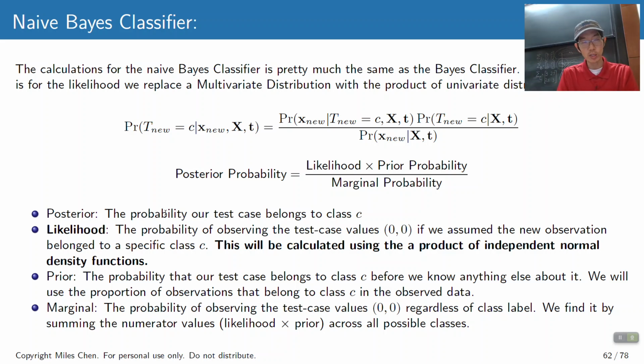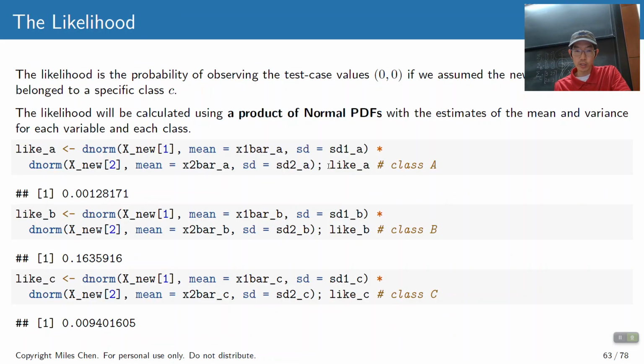We calculate the likelihood of getting this data if it came from a given class, multiplied by the prior probability divided by the marginal. The key difference here is this likelihood. We will not use the multivariate normal density. We will use the univariate, just the regular old normal density, and take a product of them. Prior and marginal are calculated in the same way.